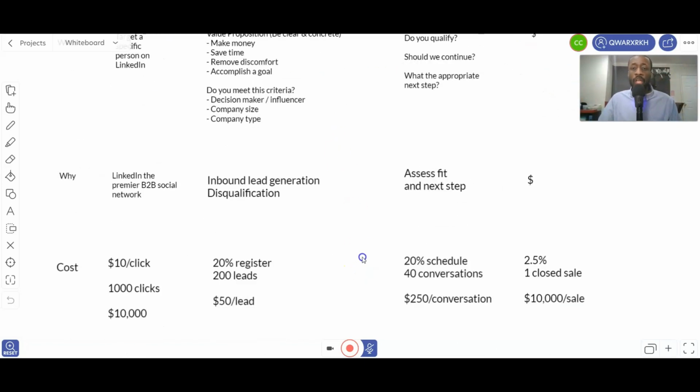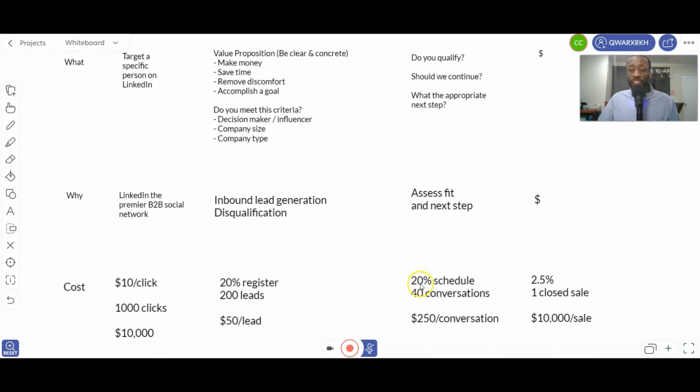All right. So let's assume that 20% of the registrants choose to schedule. So that is 40 conversations now that have been booked on your calendar, right? 40 conversations, and so you've paid $250 per conversation.